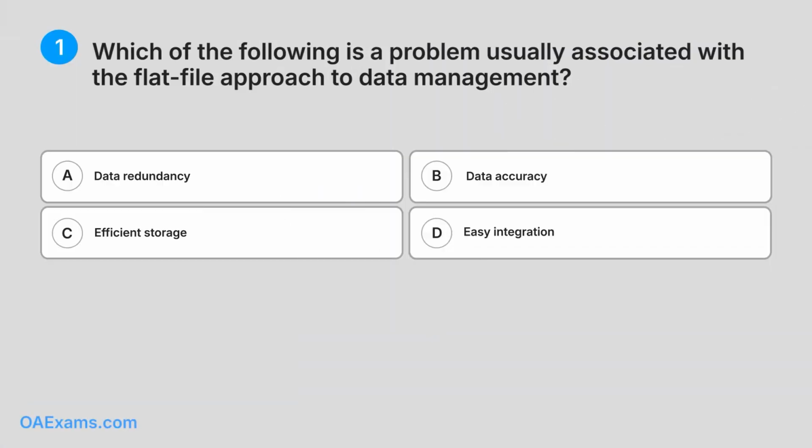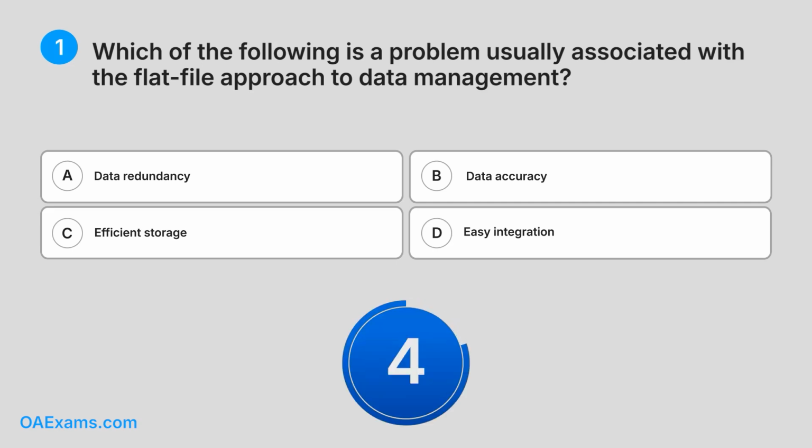1. Which of the following is a problem usually associated with the flat file approach to data management? A. Data redundancy. B. Data accuracy. C. Efficient storage. D. Easy integration.